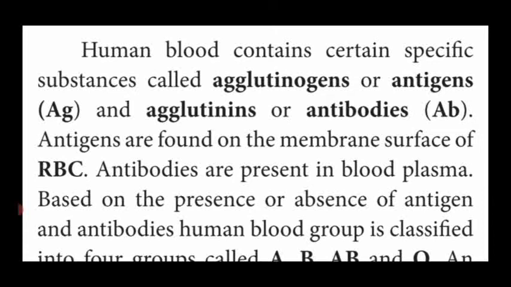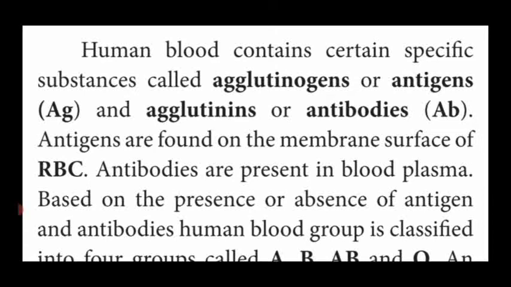Then antibodies, Ab, are present in the blood plasma. So in our blood group we have two types of substance, antigens and antibodies. Antigen is present in the outer membrane of the RBC. Antibodies are present in the inner side, in the blood plasma.